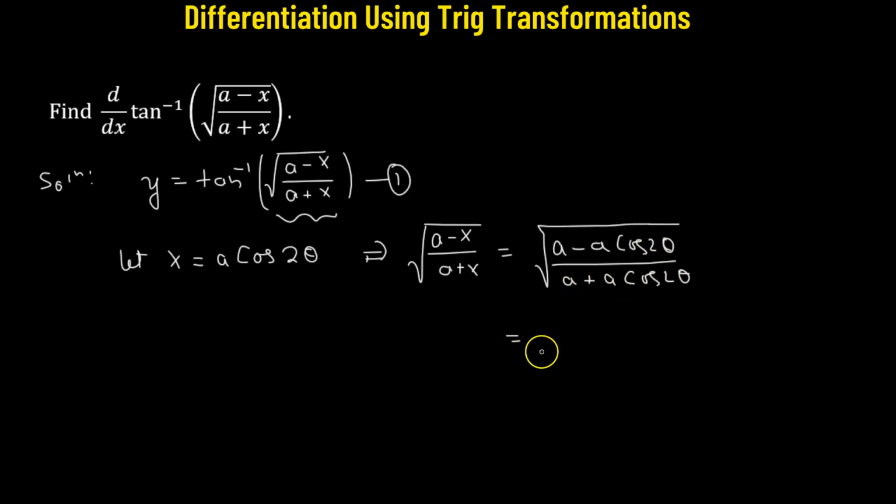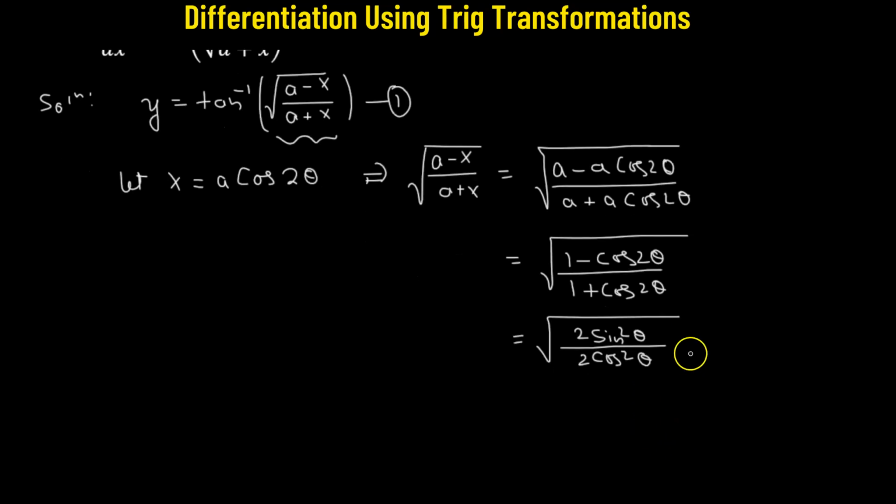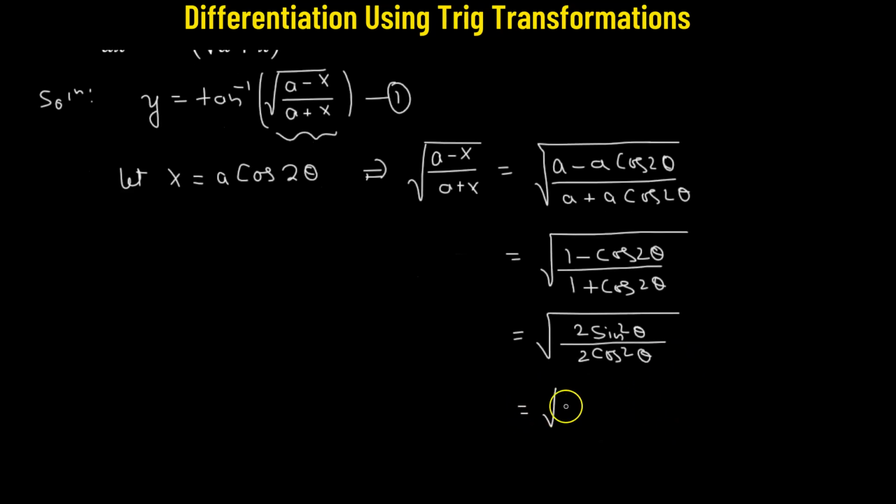That means we now have square root of (1 minus cosine of 2 theta) divided by (1 plus cosine of 2 theta), which, by a standard identity, is equal to 2 times sine squared theta divided by 2 times cosine squared theta, which gives us square root of tangent squared theta.